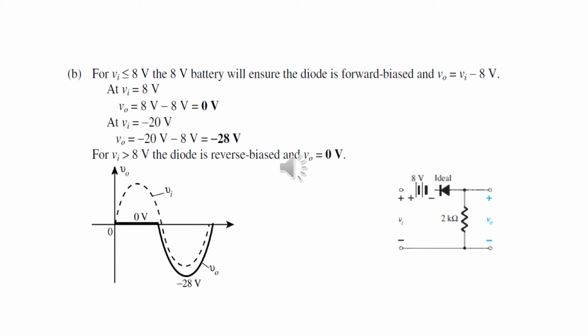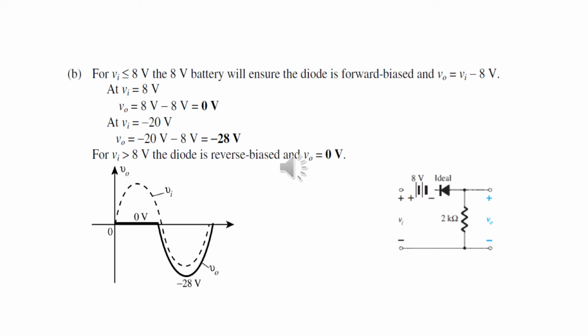So the conduction period will be increased, as I have explained in the lecture. Now if we want to write the KVL equation, we have positive Vi minus V naught minus 8 equals 0, or V naught will be equal to Vi minus 8.